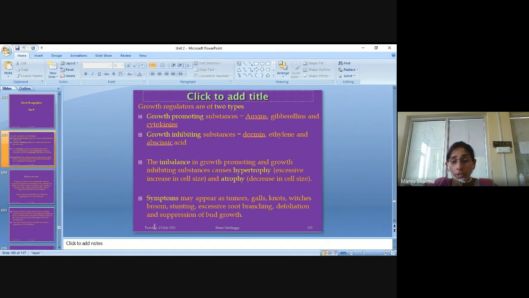Symptoms may appear as tumors, galls, witches' broom, stunting, excessive root branching, defoliation, and suppression of bud growth.